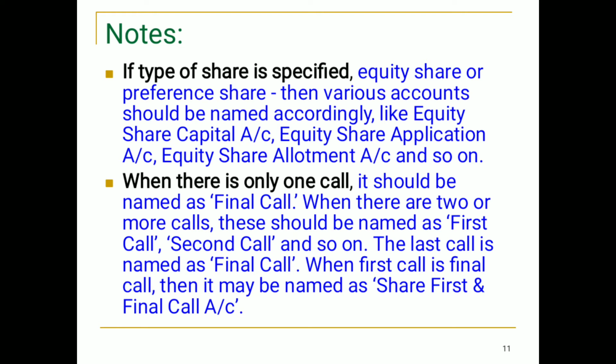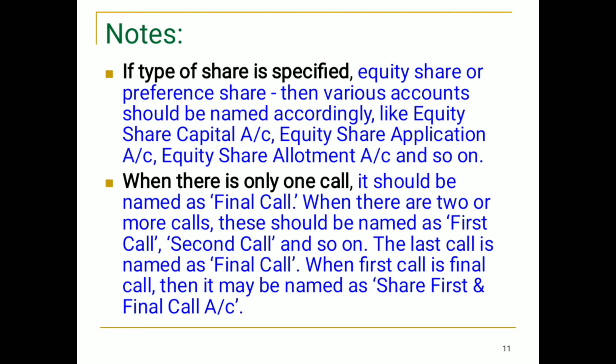You'll be writing equity share capital account, equity share application account, equity share allotment account, and equity share call account. That way. If it is given as preference shares, then you will definitely write preference share capital instead of equity share capital, isn't it? Yes, this is common sense.